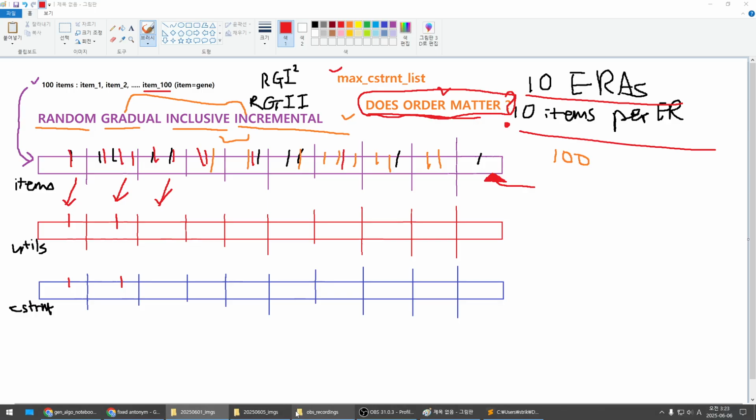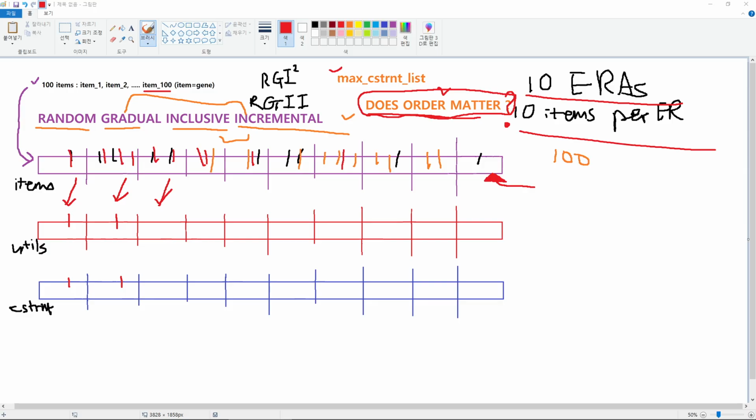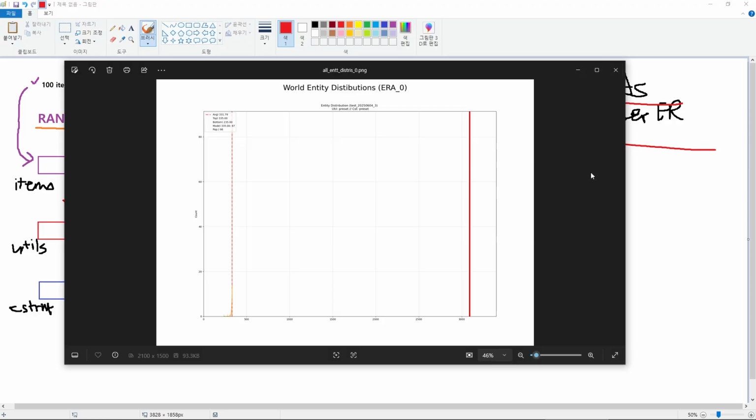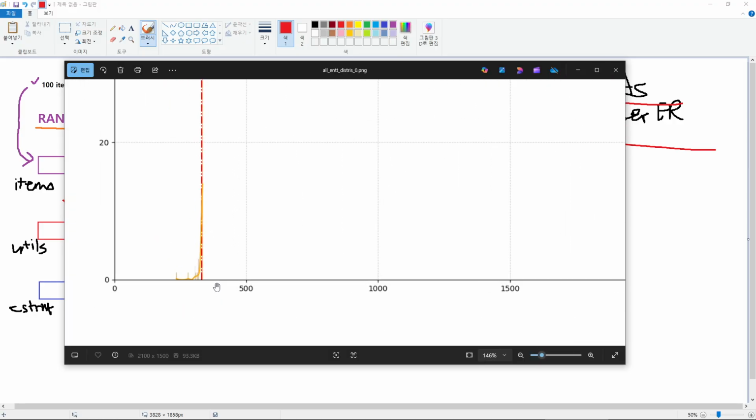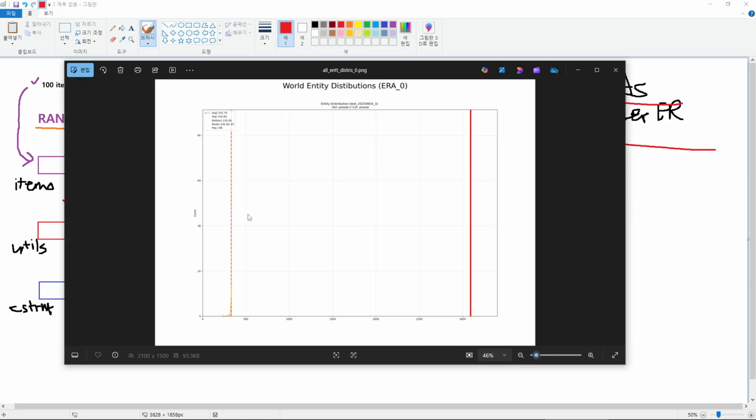So I'll show the results now. Here are the distributions. You see this tiny distribution, but very, very skewed.